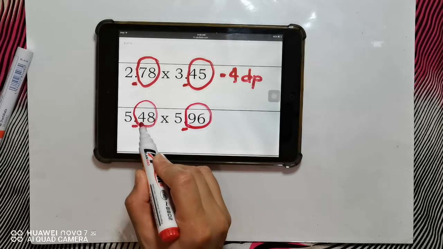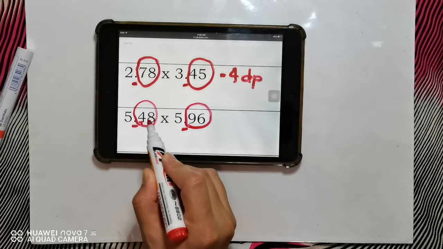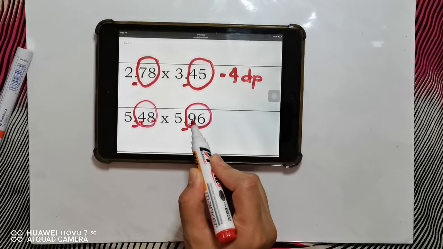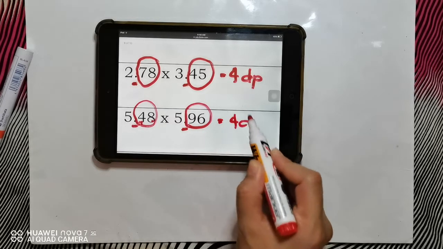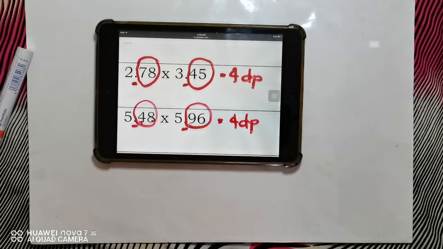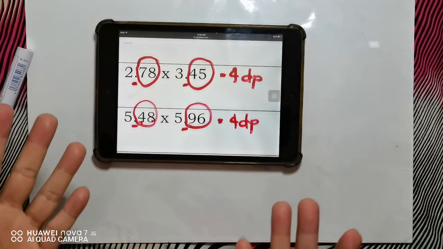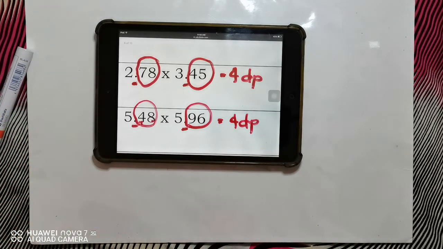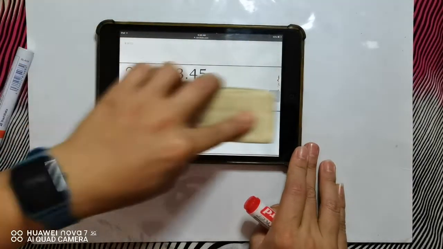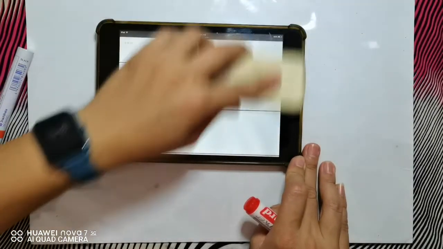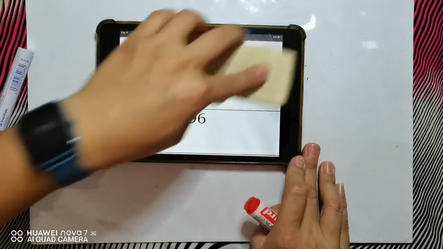Bilangin. 1, 2, 3, 4. So we also have 4 decimal places. So that's how we would know the number of decimal places that we will put in the product. So yun ang ilalagay natin na bilang ng decimal point.